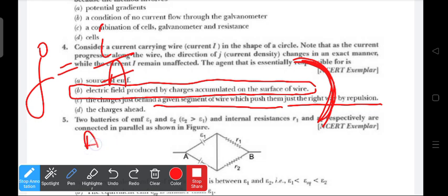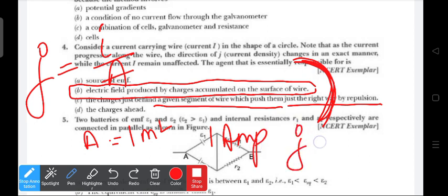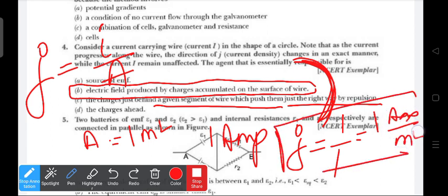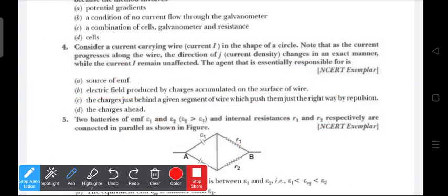If the area is 1 meter square and the current is 1 ampere, then the density is 1 by 1, that is 1 ampere per meter square. This is the current density, and the charge is stored at the surface of the wire.